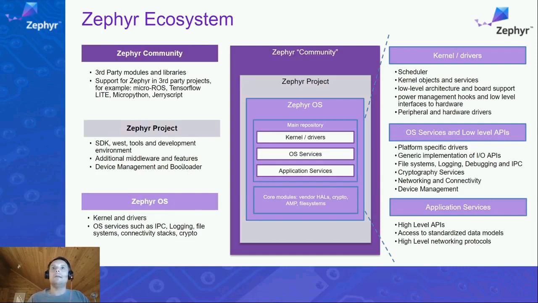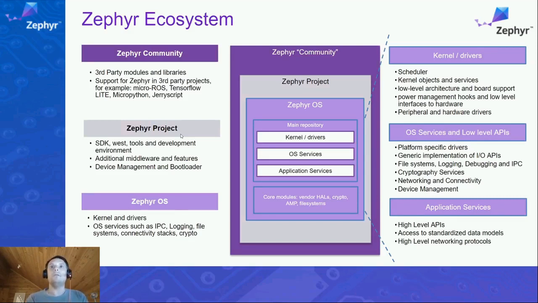In the meantime, let's take a look at what we call the Zephyr project. That would be everything around the operating system, and the operating system itself, of course. But in the Zephyr project, we provide much more than just an RTOS. We actually build an SDK so that you have all the compilers you need to build for all the architectures supported by the RTOS.